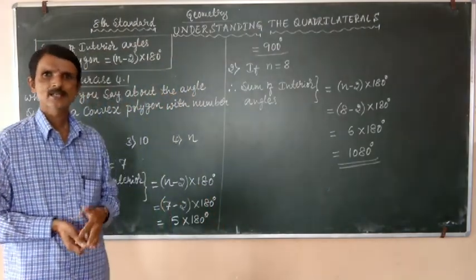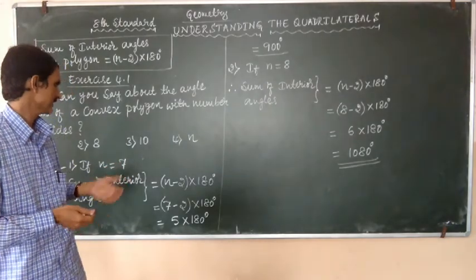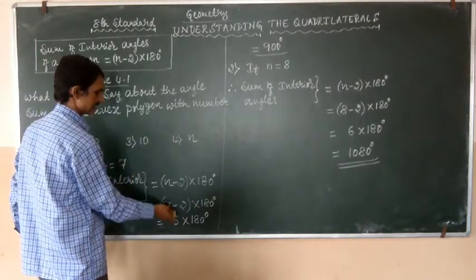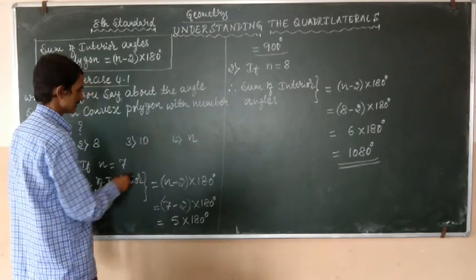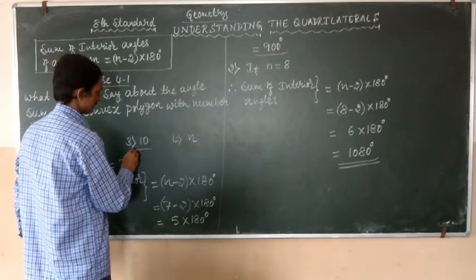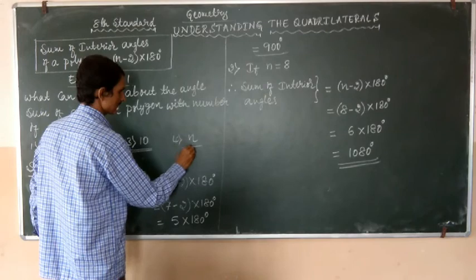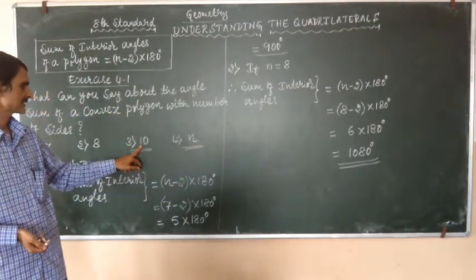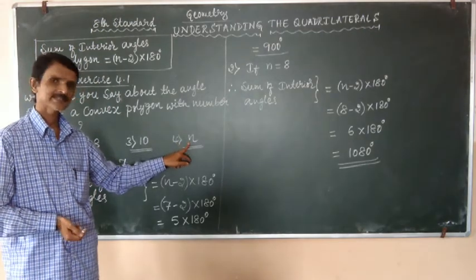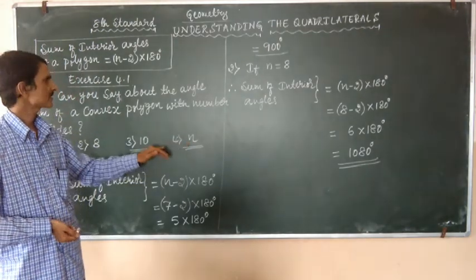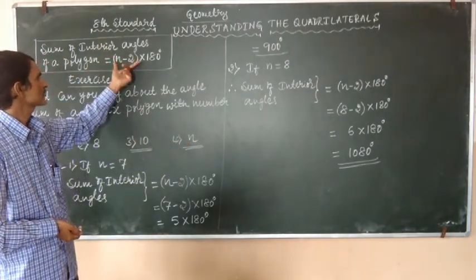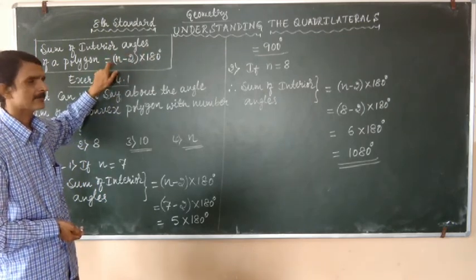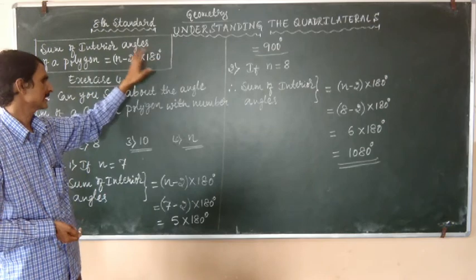1080 degrees. Students, similarly, you simplify by using the same formula. If a polygon has 10 sides, or n sides, you have to substitute the value of n in the formula (n minus 2) into 180.